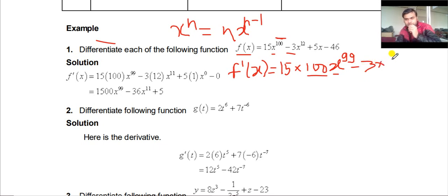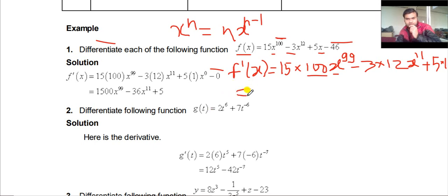So 12 comes in the front and x to the power 12 minus 1. So this becomes 11. Then 5, and differentiation of x with respect to x is always 1. So 5 multiplied by 1, and this is constant 46, so its differentiation is 0.